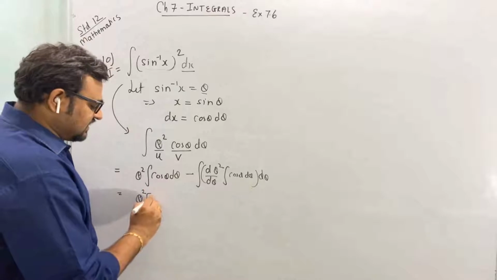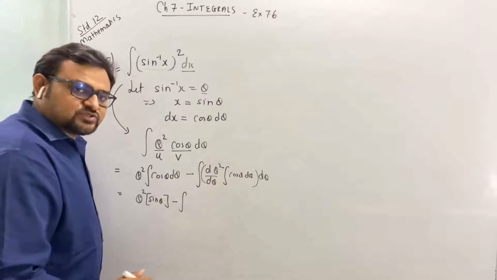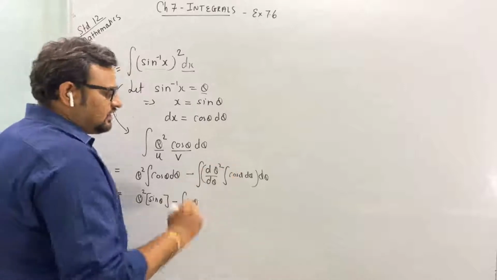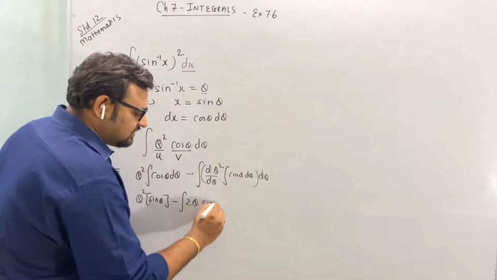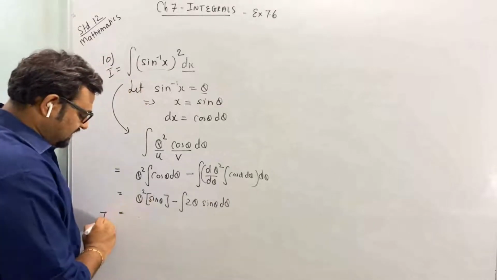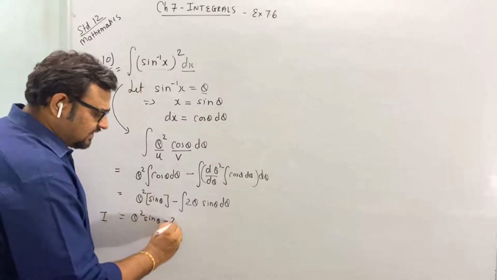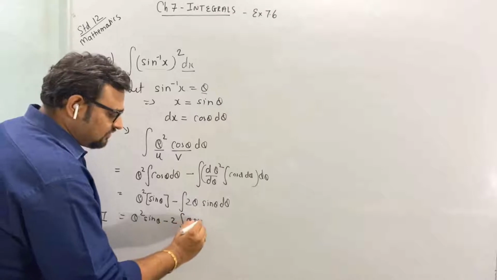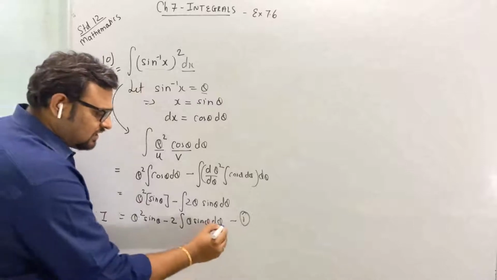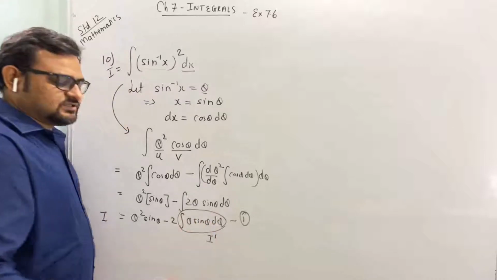That is sin theta, minus d theta square by d theta, 2 theta, integration of cos theta, sin theta d theta. So I is equal to theta square sin theta minus 2 integration of theta sin theta d theta. We will name it as 1 and we will take this as I dash.